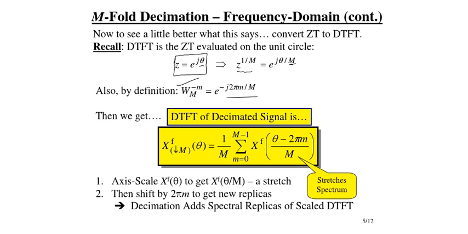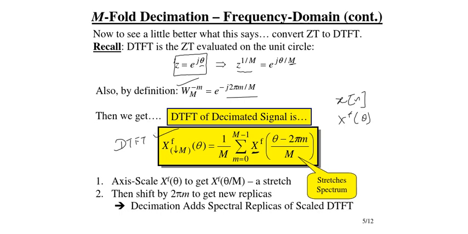Now what we get when we replace z by e to the power j theta is the downsampled DTFT expression. So the DTFT expression is nothing but 1 by M times the DTFT of the original x[n], and I write it down like this.